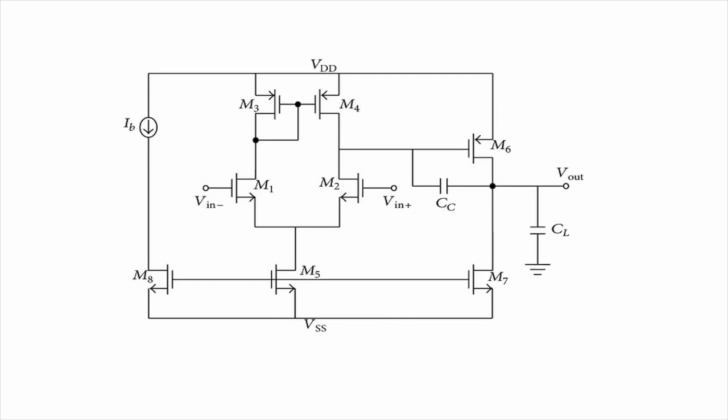And from the early voltage and current, we can determine the output resistance of all the transistors. And from the value of the DC gain, we can find the value of the W by L ratio of the MOSFET M3 and M4. So the calculations of all these equations are written in MATLAB.